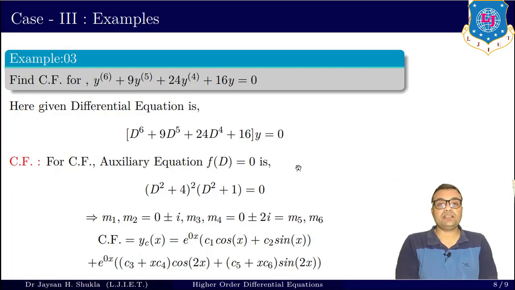If you have any difficulty, we should again go through these 3 different examples in which I tried to cover each and every possibility of repeated complex roots. In exams, hardly will you find a sixth order differential equation, but to make this thing clear, I am considering a sixth order differential equation also.